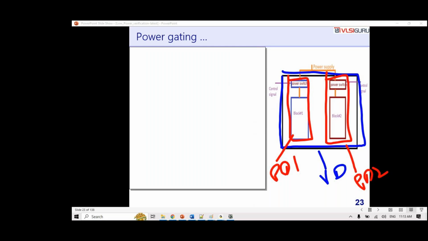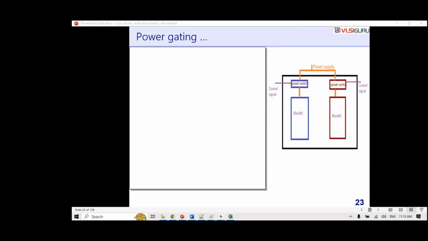Let's understand why the whole black box is one voltage domain. Because if this power supply is, let's say, 1.5 volts, all the transistors, everything is powered by the 1.5 volt supply only. So that makes it one voltage domain.